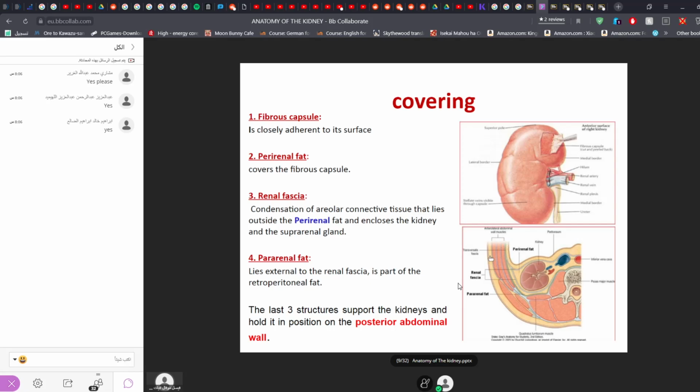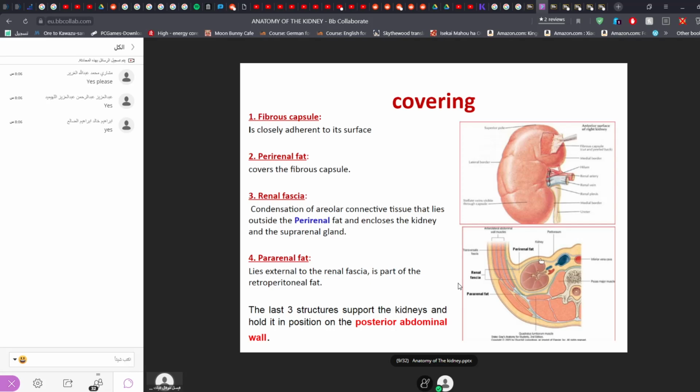If you remember, there were three muscles of the abdominal wall: external oblique, internal oblique, and the transverse abdominis. And we had a fascia transversalis, which is on the inner side of the transverse abdominis. So this layer, renal fascia, laterally continues.